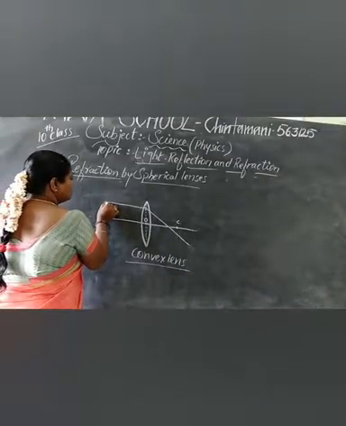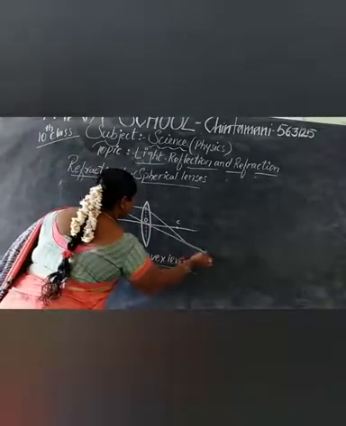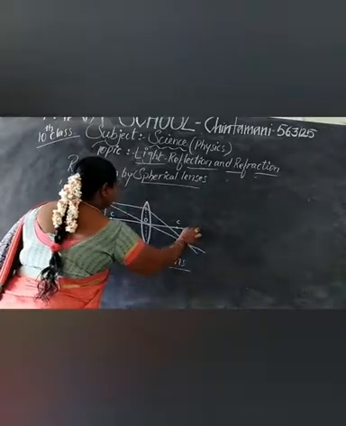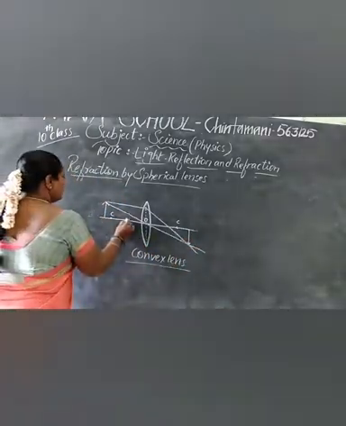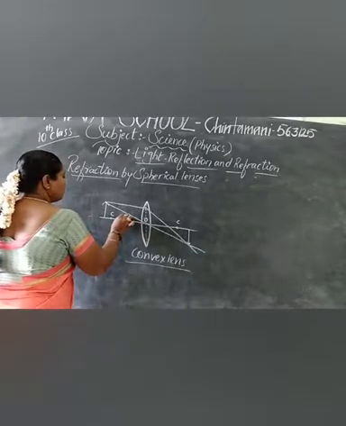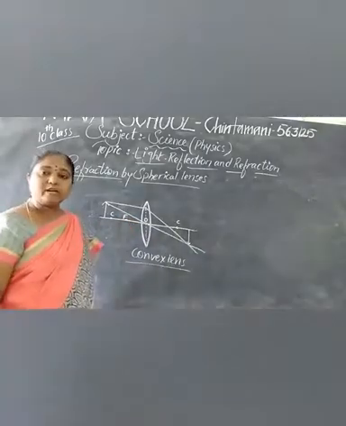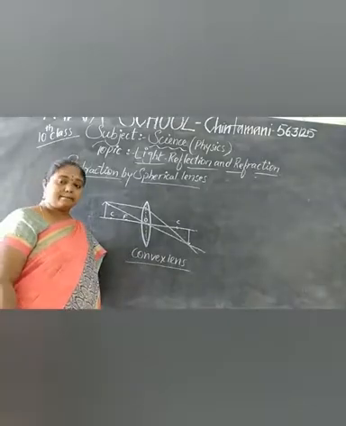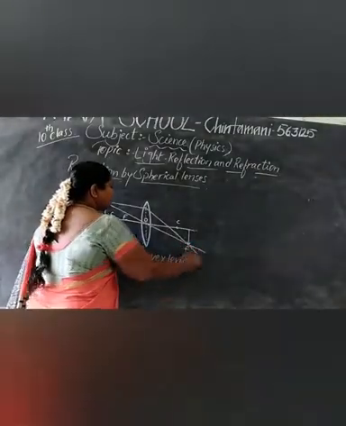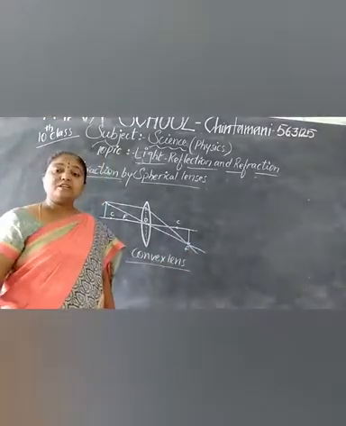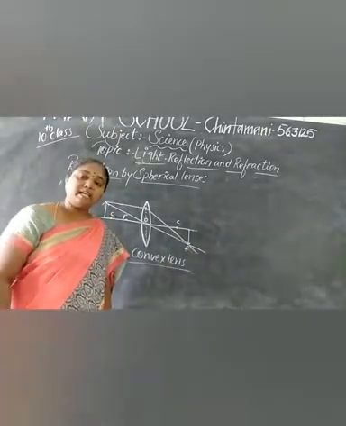So the two rays which are passing are going to meet at a point. Here we need the principal focus. Principal focus is denoted by the capital F. Where it is going to meet, that point we denote as the small f, that is the focal length.